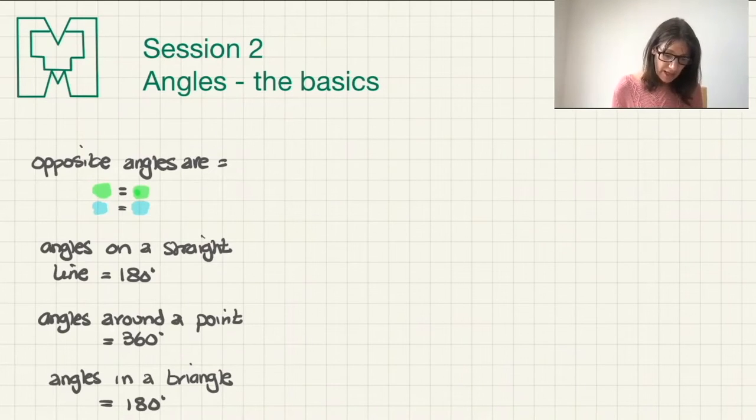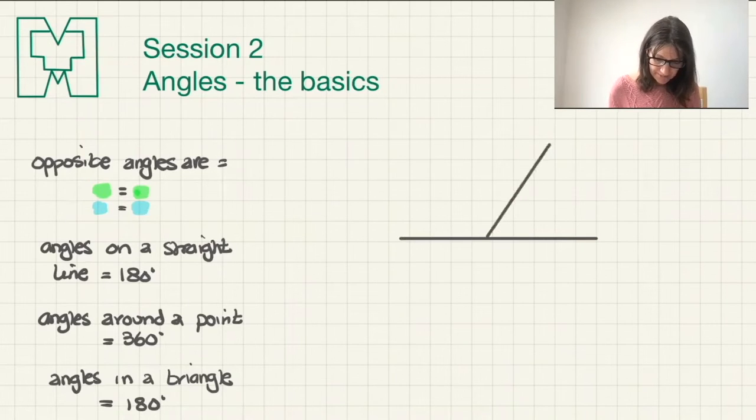Okay, so let's do this question first of all. So I'm going to say that that is 63 degrees. That is X. I want you to pause the video and then press play when you're ready to check your answer.